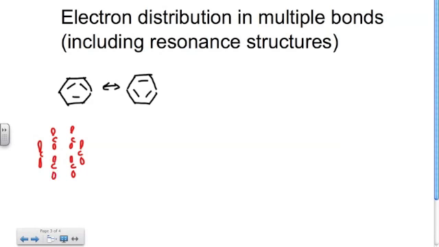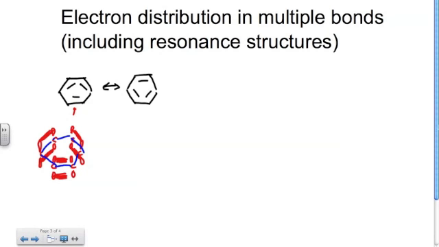If I were to look at this first diagram, you would see the overlap, the electron density here, here, and here. And remember that there's a sigma bond here, sigma, sigma, sigma, sigma, sigma, connecting everybody up.